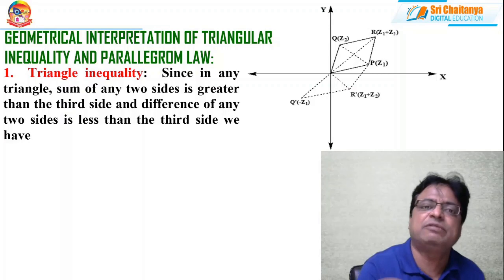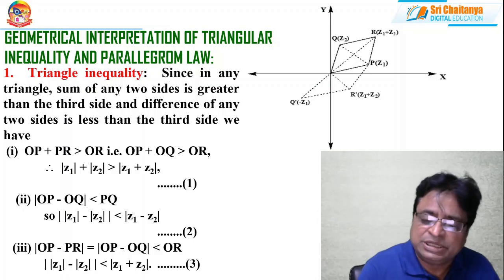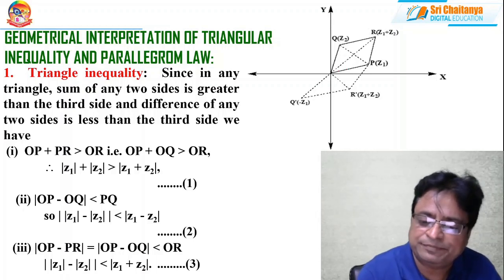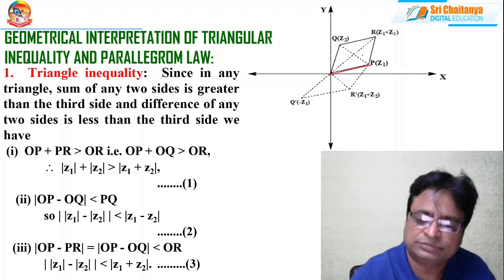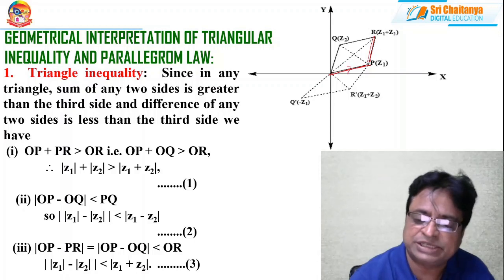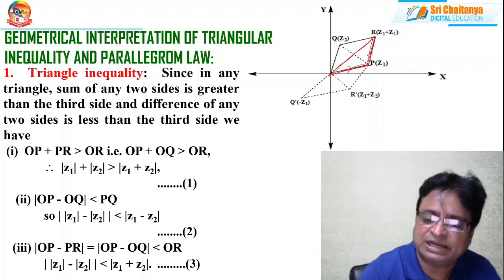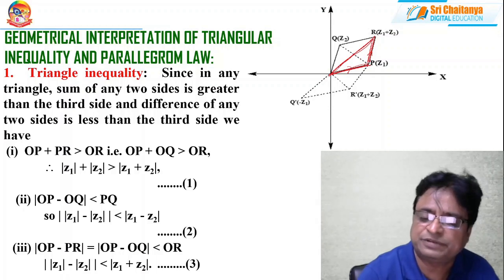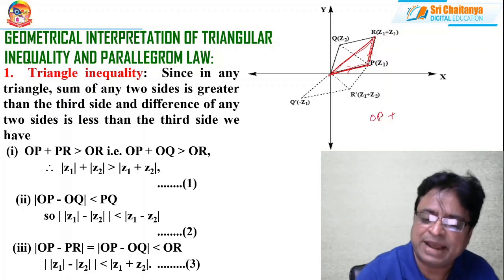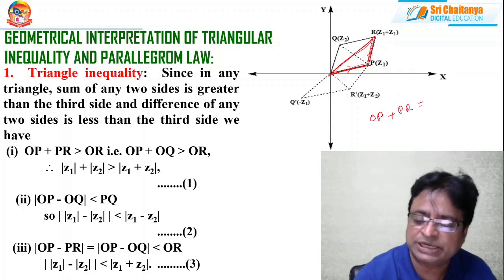The same fundamental we use in complex numbers. As per the diagram, OP plus PR are two adjacent sides of the triangle, and OR joins the other ends. Consider this as the triangle. The magnitude of this one is OP, and the magnitude of PR is PR. The sum of two sides is always greater than the third side, that is OR.